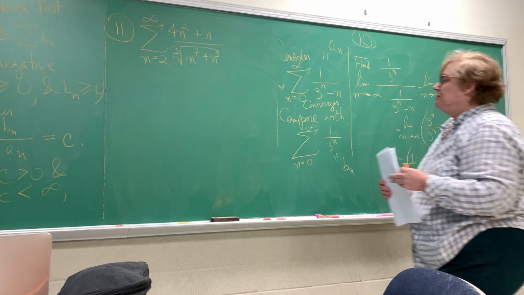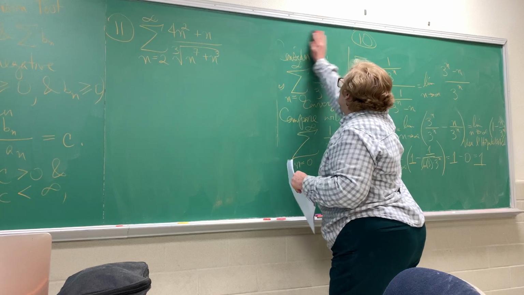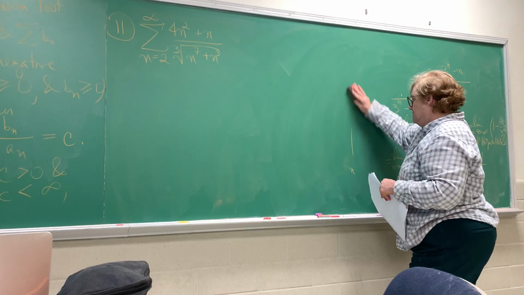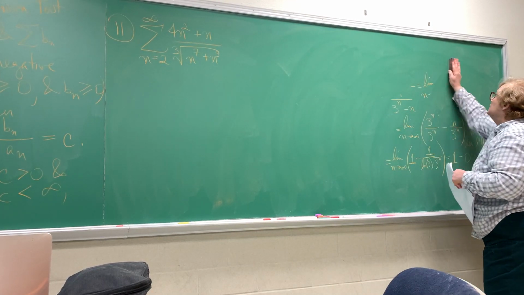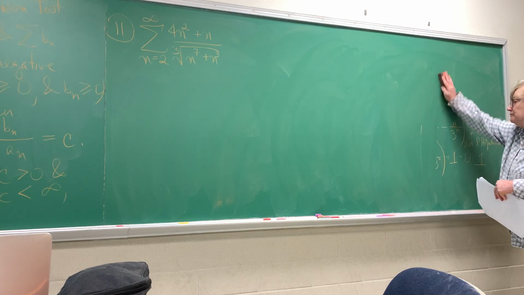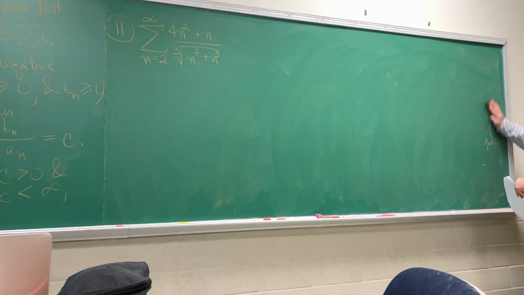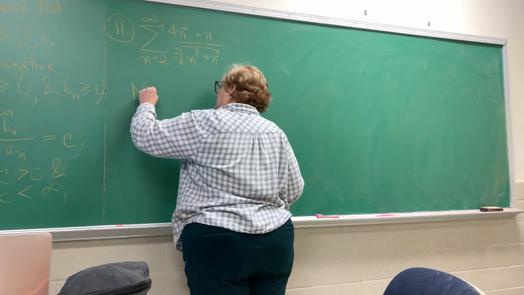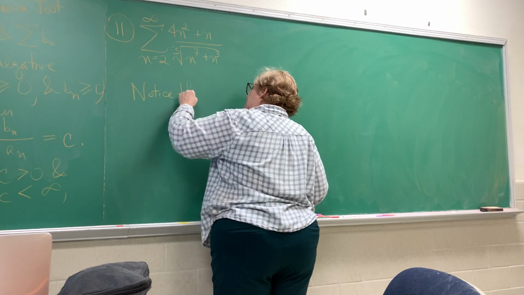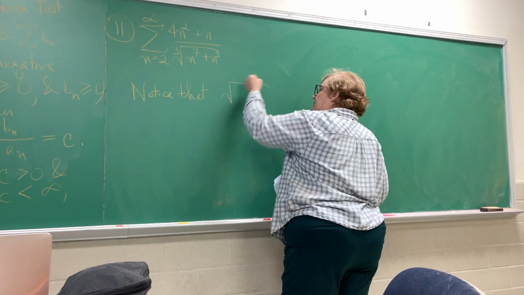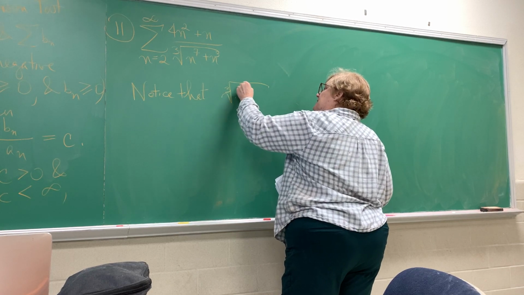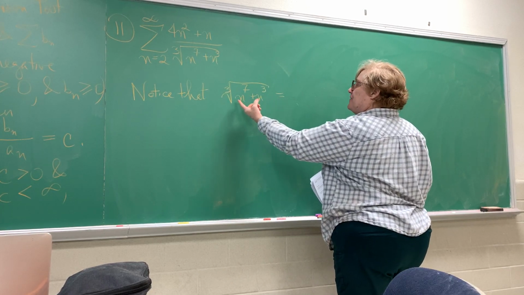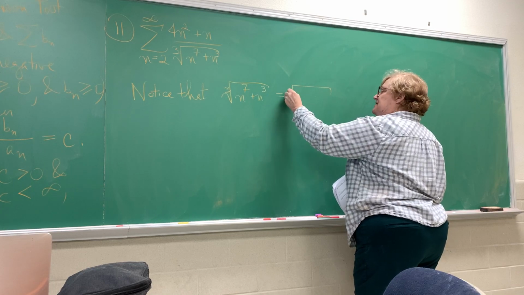And the first thing that we're going to do is just a little bit of algebra in the denominator. So let's just notice that if we have the cube root of n to the 7th plus n cubed, well, there's a common factor of n cubed in those two terms, yes?